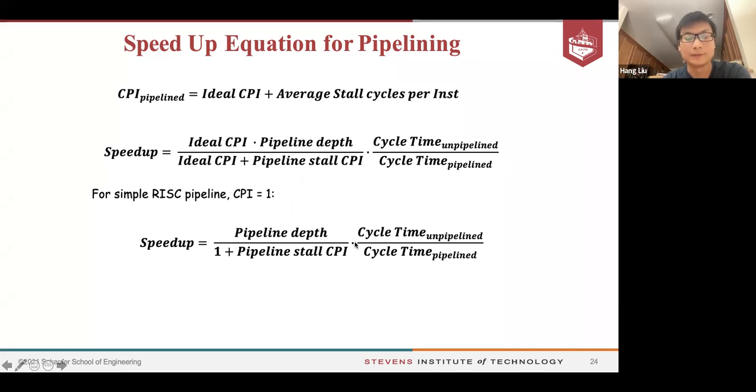Because the ideal CPI is 1, that's why we introduce 1 to replace ideal CPI. We get pipeline depth divided by 1 plus pipeline stall CPI.